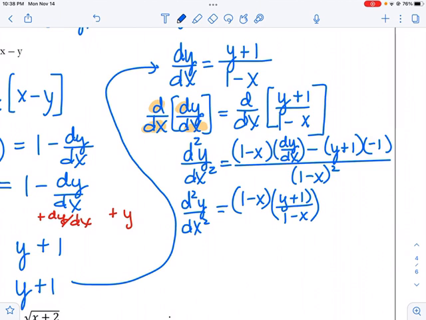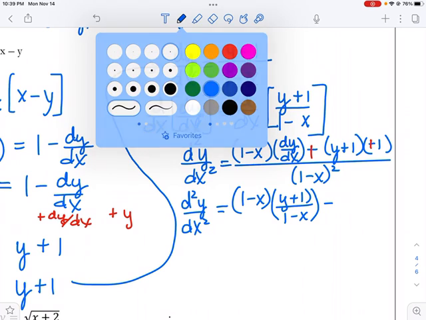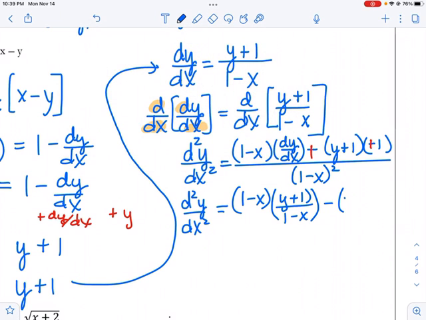It's kind of a convenient thing when you look at it. And then this is going to be, if you look at the minus and then you have a negative here, that's a double negative right there. Subtracting the negative becomes positive. So here we have the quantity y plus 1, right?